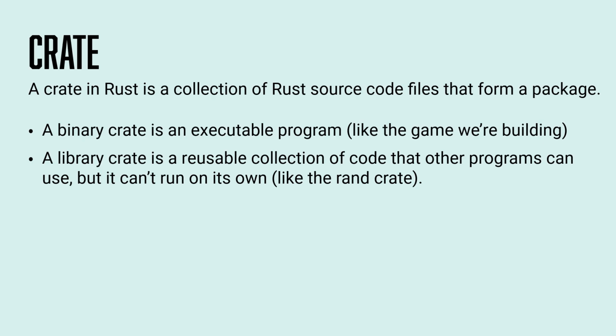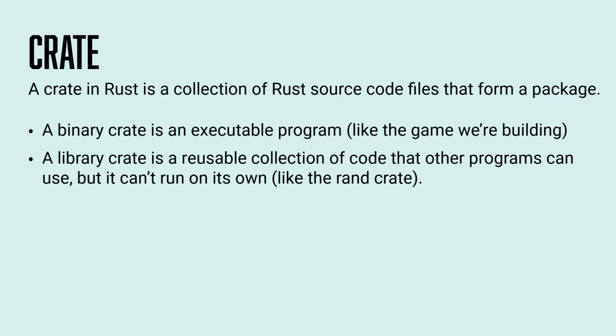A crate in Rust is basically a package of code that we can use in our project. It can be either a binary crate, which is an executable program like our guessing game, or a library crate, which is a reusable collection of code that other programs can use but can't run on its own.